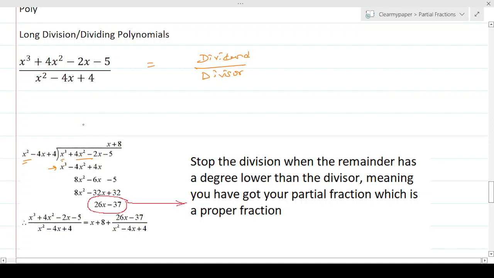So let's say you take the first term in the quotient as x, and if you multiply the whole divisor with x, we get this line item: x to the power 2 into x is x cube minus 4x square plus 4x. Then we do just like any other division that we do with numbers.